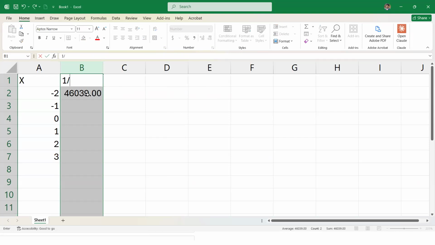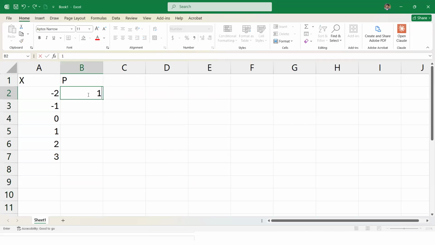1 over 17, sorry, 1 over, and this also 1 over 17.